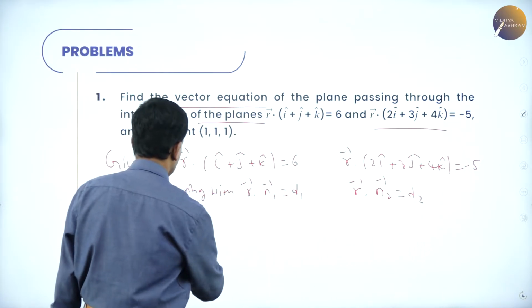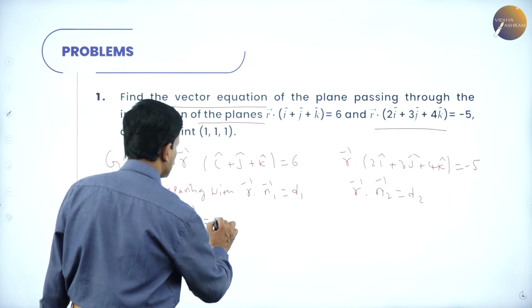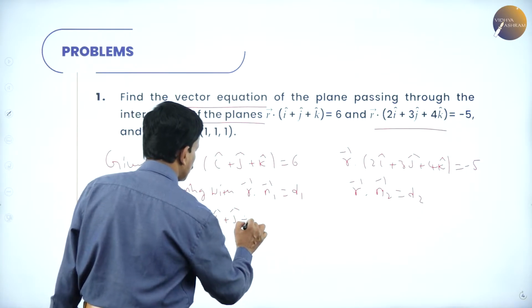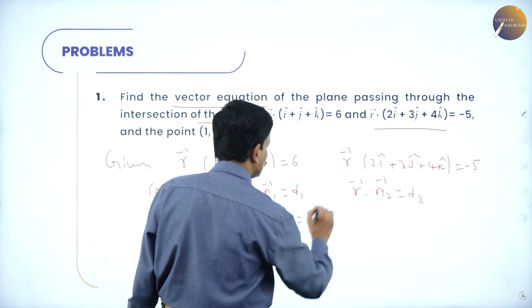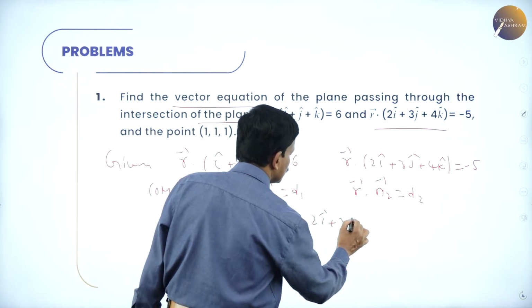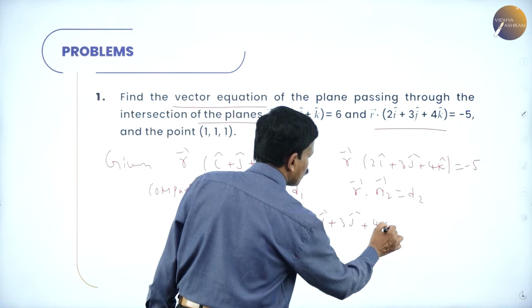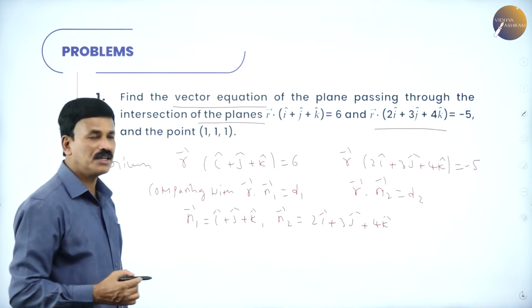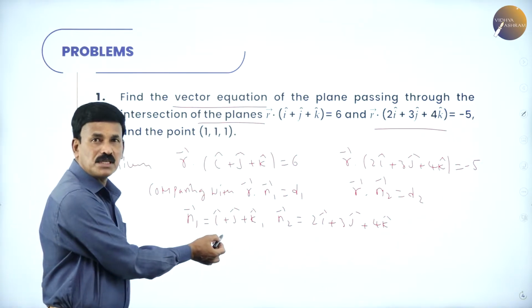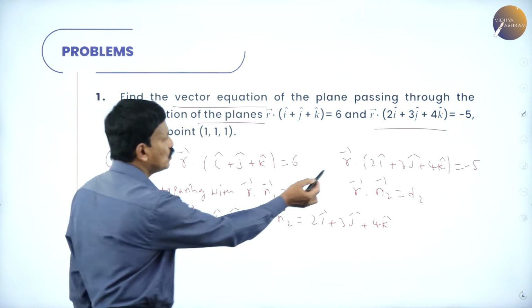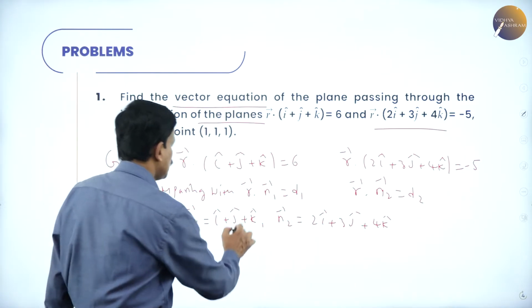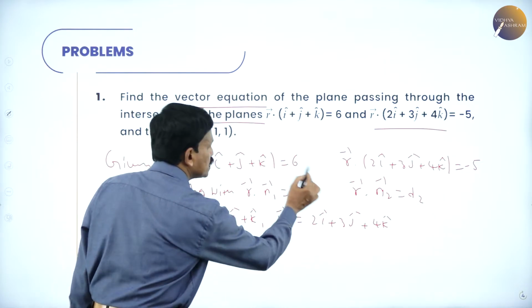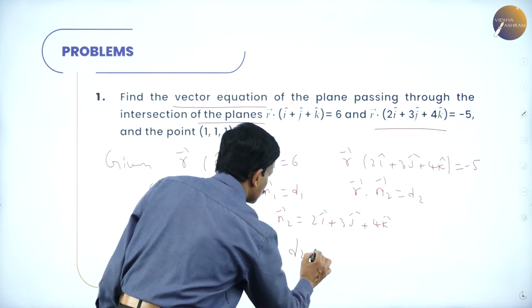Therefore vector n1 is equal to i plus j plus k, and vector n2 is equal to 2i plus 3j plus 4k. And d1 is equal to 6 and d2 is equal to minus 5.